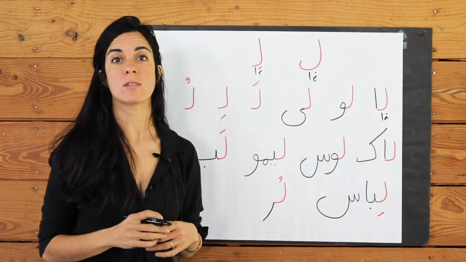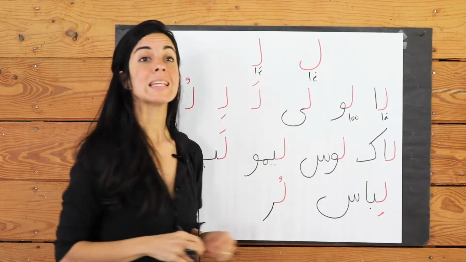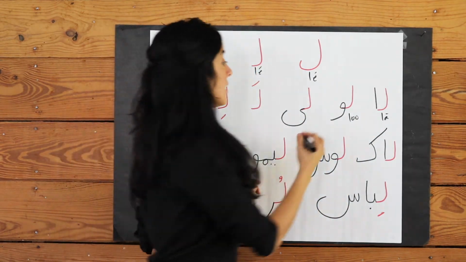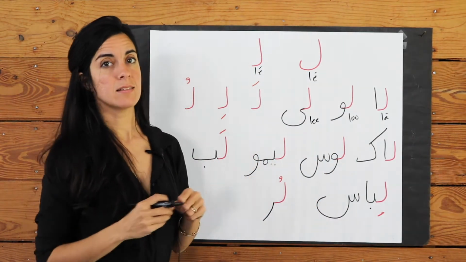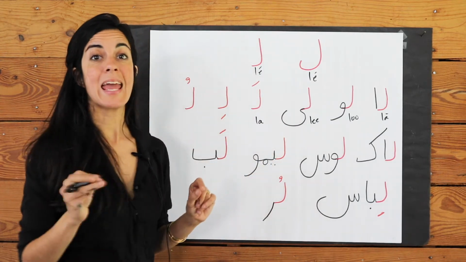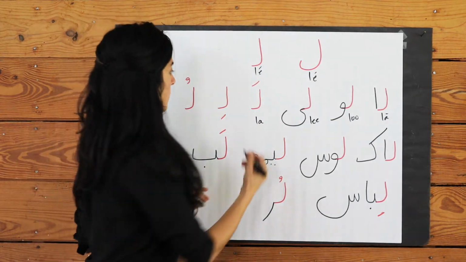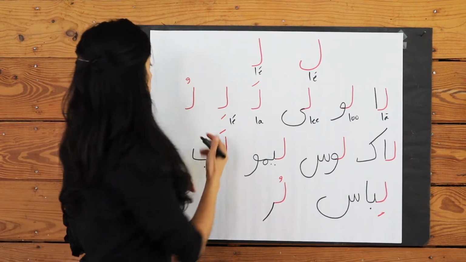Le with an u sound, lu. Le with an e sound, li. Le with an a accent, la. Le with an e accent, le. And a le with an o accent, lo.